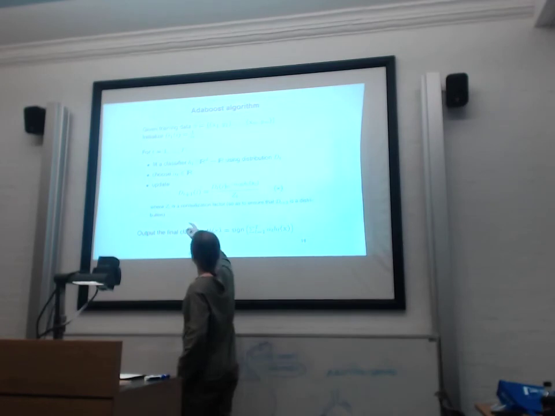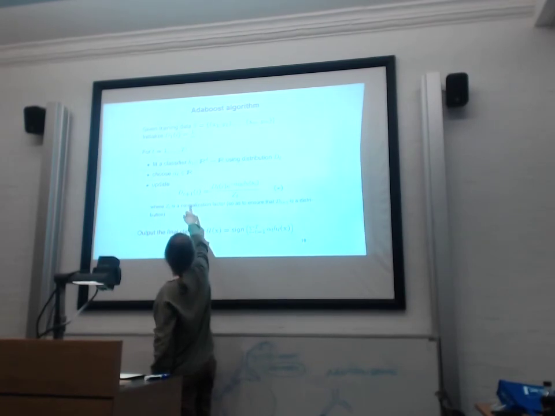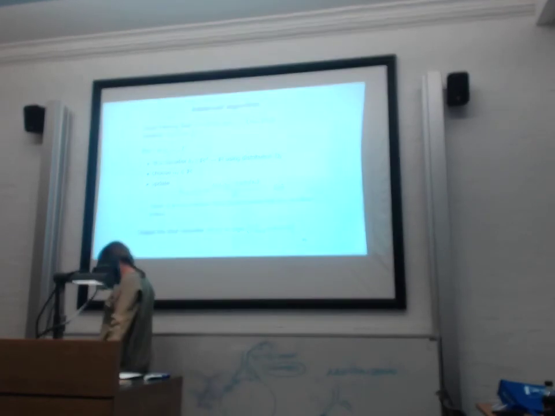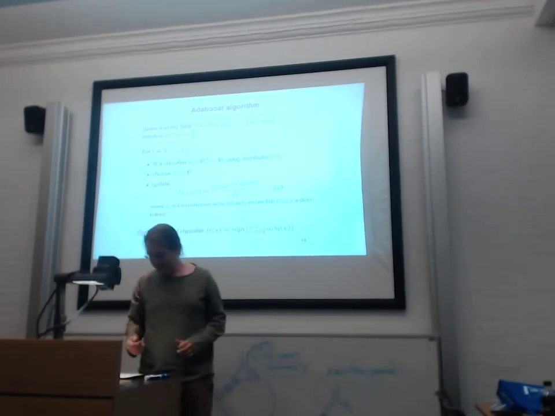Once we do that, we're going to choose some alpha, which will be how much we weight that hypothesis in our final linear combination of hypotheses. So we're going to maintain a vector of alphas, one for each hypothesis, and then we're going to update our weights so that we have a distribution over the data. So the algorithm as it runs is maintaining two things.